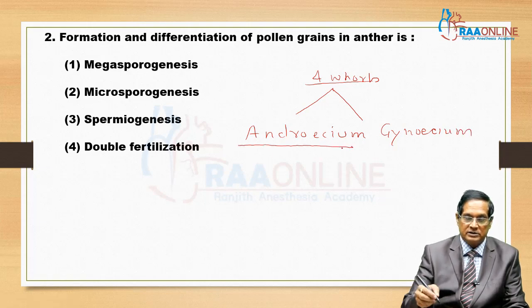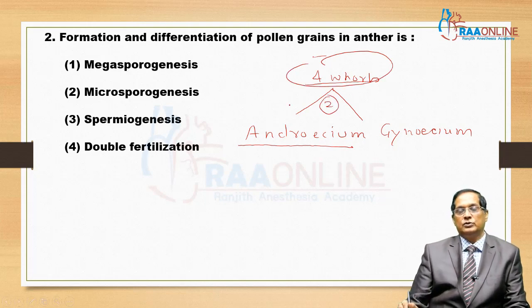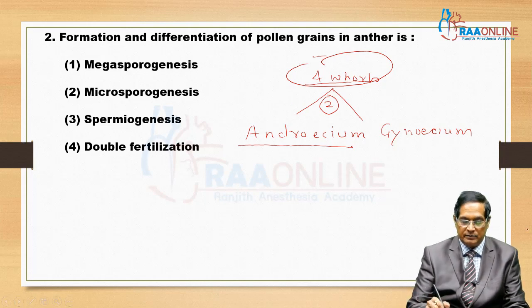Androecium is termed the male reproductive whorl. Gynoecium is termed the female reproductive whorl.